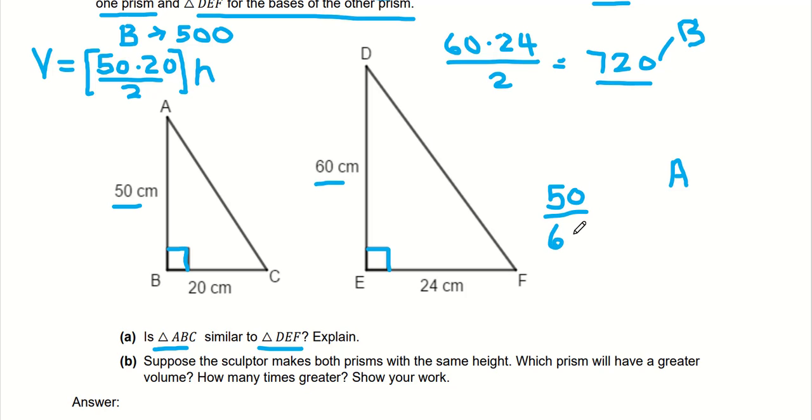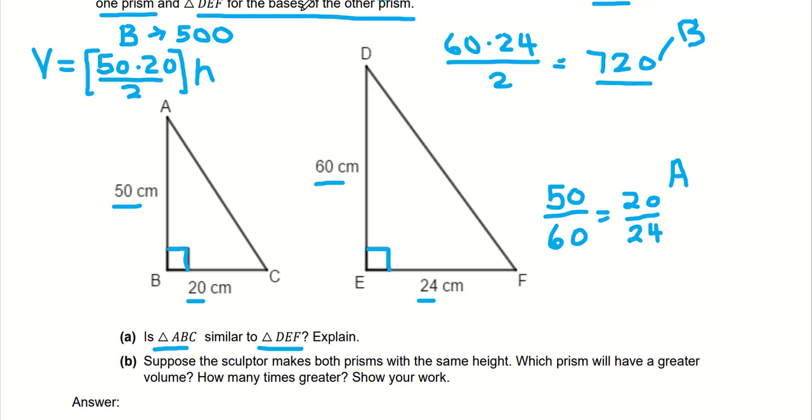So I'm going to write it as a comparison of 50 to 60. Now let's compare the other two legs, or the base of those triangles. And I'll start with the same triangle, 20 over 24.